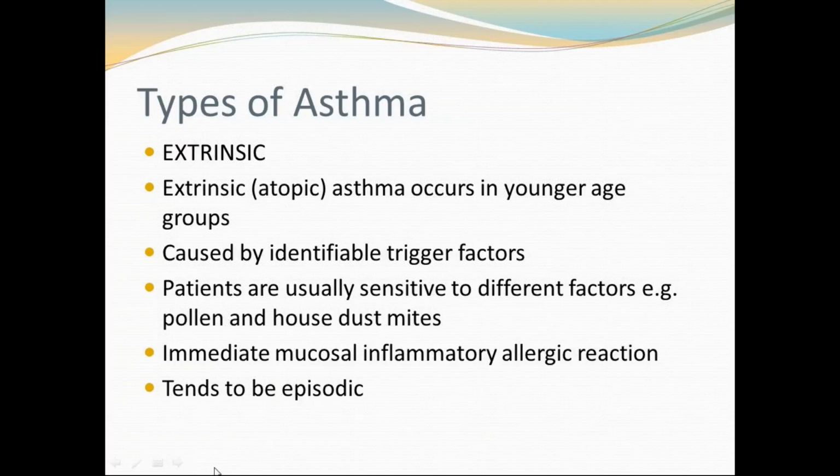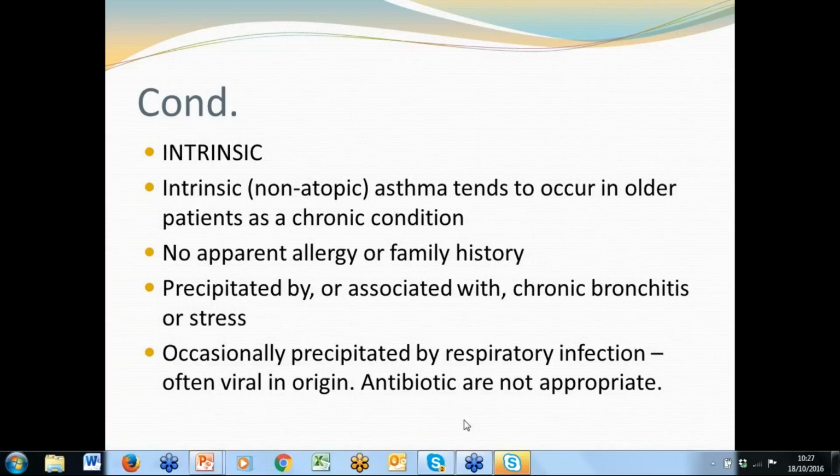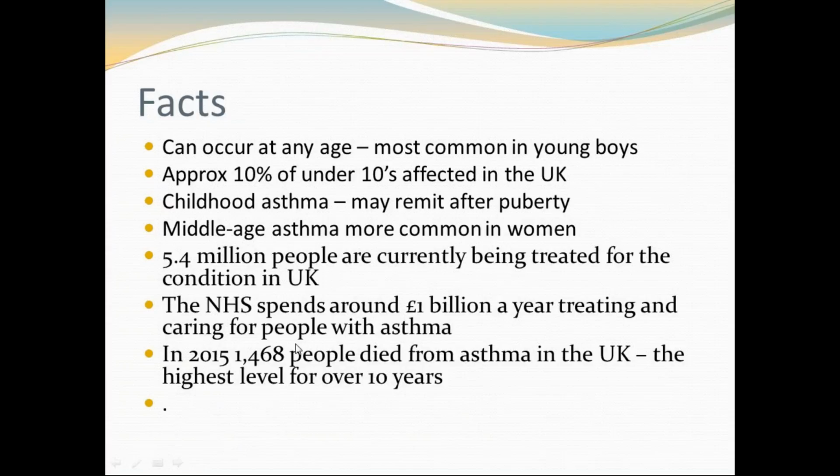If you can identify the triggers, you can talk about trigger avoidance, which can be quite difficult because it will affect your daily life. So intrinsic, in older people, is a chronic condition, not necessarily allergy or family. It could be associated with chronic bronchitis or stress, or a chest infection that's viral, and antibiotics don't work. So that's intrinsic.